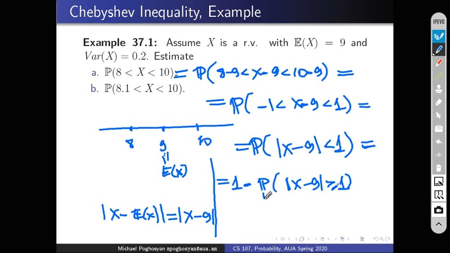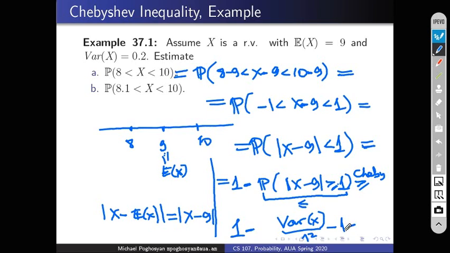The Chebyshev inequality says that this is less or equal than the variance of x over this squared. Because I have a minus sign, this is larger or equal than 1 minus the variance of x over 1 squared, well, 1.